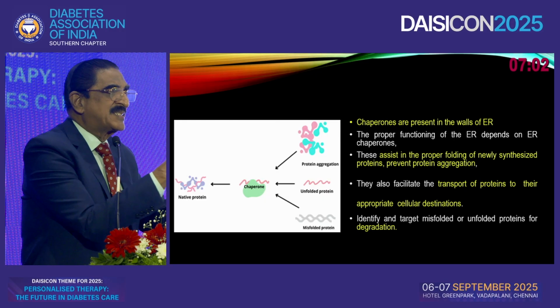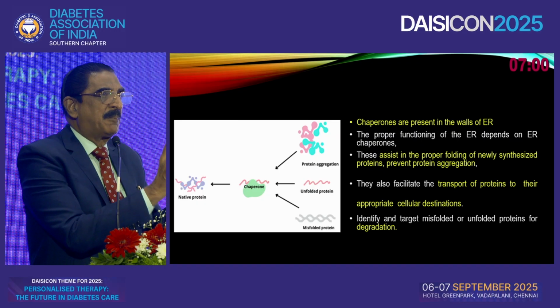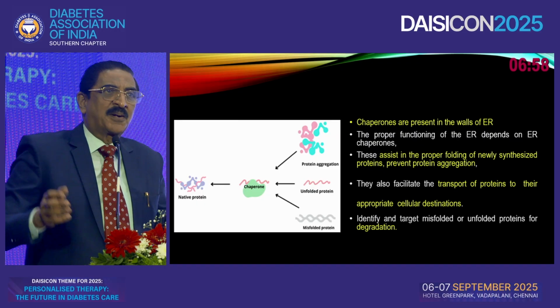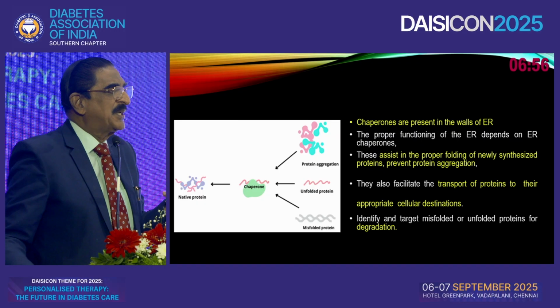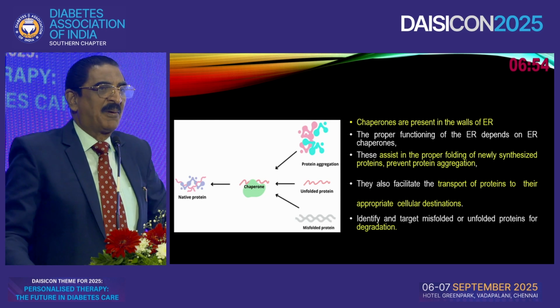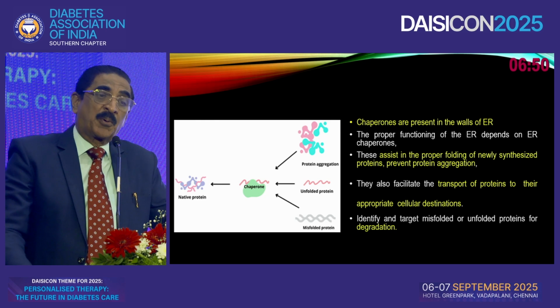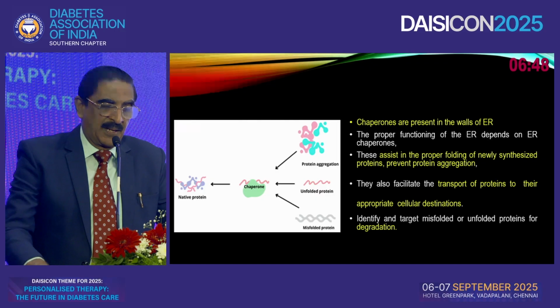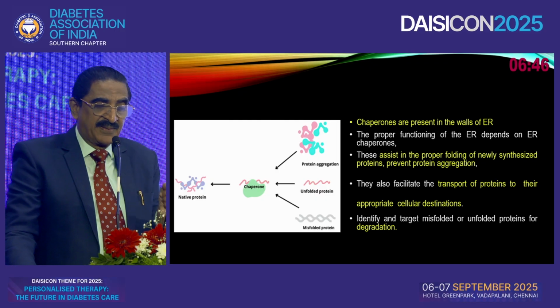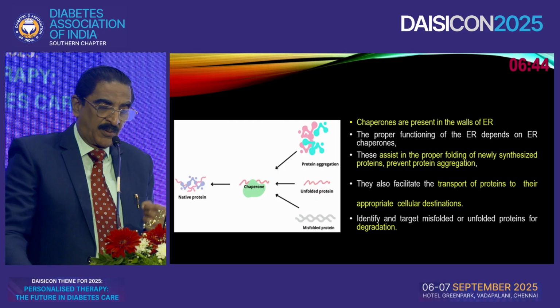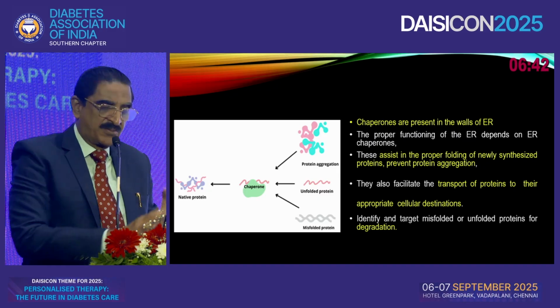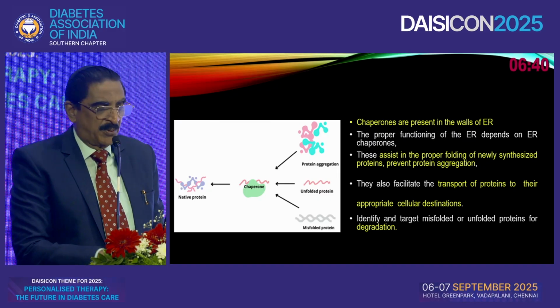So it's almost like sticking with each other and finally forming a mass and clogging. So that's what I really said. It is almost equivalent to a constipated bowel, it gets clogged. So they also facilitate transport of protein to different cellular levels. And it identifies the target misfolded or unfolded proteins for degradation. It solves the problem of degrading these proteins.